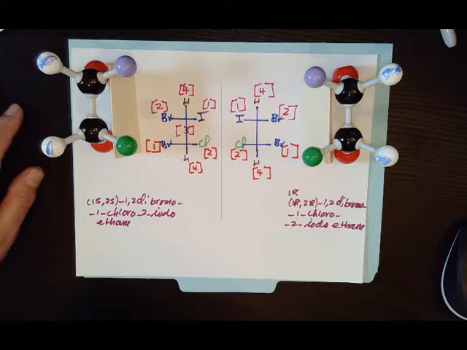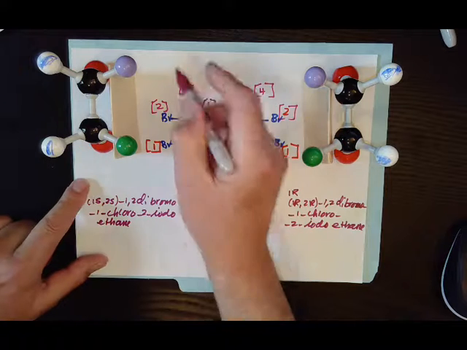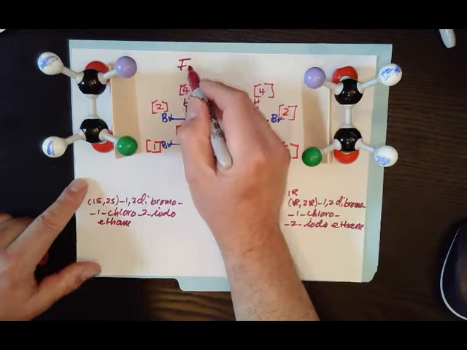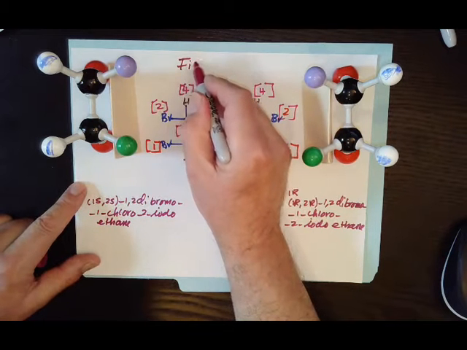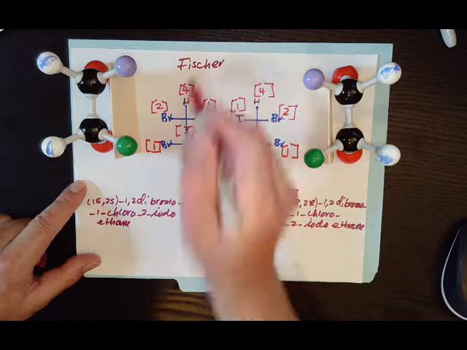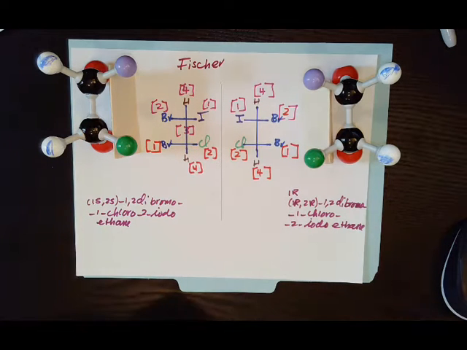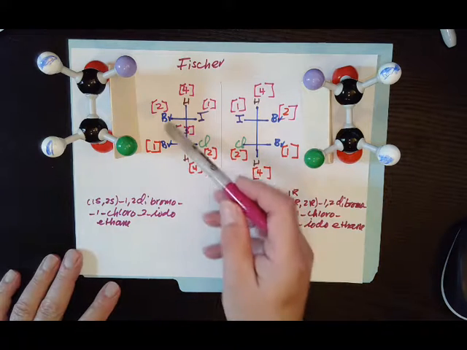Now Fischer came, and let me write his name here. He was a chemist, a sugar chemist, and he proposed to display a three-dimensional structure, like a sugar structure, on paper a little bit differently, not using wedge or dash, but basically lines.